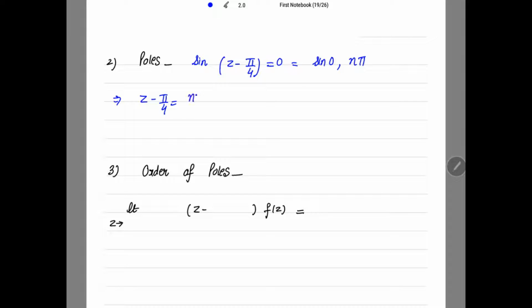So I'm writing here n pi, which implies z is equal to n pi plus pi by 4. You can put n here as 1, 2, 3, 4. For all the values of n belonging to the integers, I'm having my sine as 0, right?